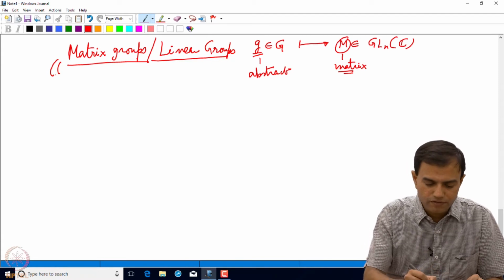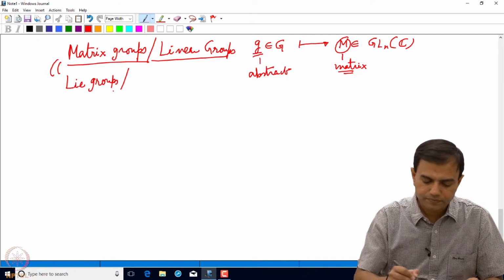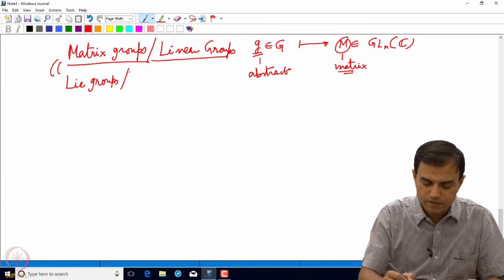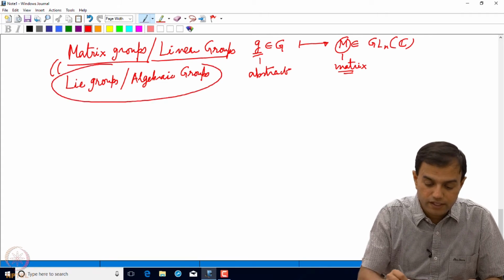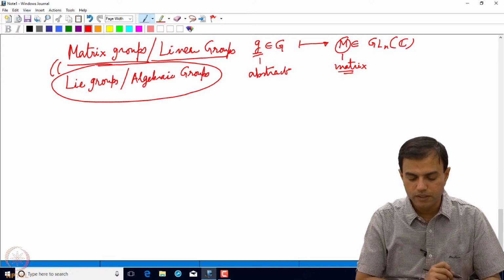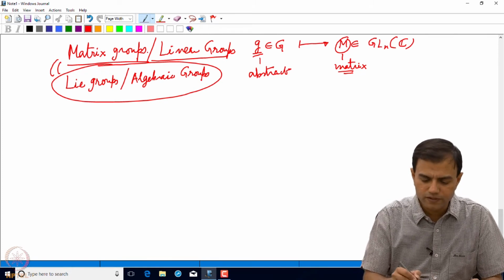They can be thought of as what are called continuous groups, or Lie groups, or in terms of algebraic geometry, or in terms of polynomial operations if you want to understand them, what are called algebraic groups. These are a very rich theory of mathematics, having their own special place in mathematics. We are not going to talk about them, but we are going to just give some examples of linear groups.